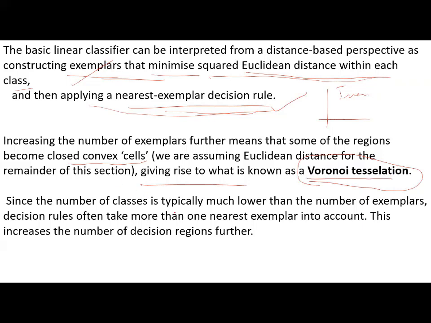Since the number of classes is typically much lower than the number of exemplars, decision rules often take more than one nearest exemplar into account. This increases the number of decision regions further. Something like this. Regions are more. Now, Voronoi tessellation, right?